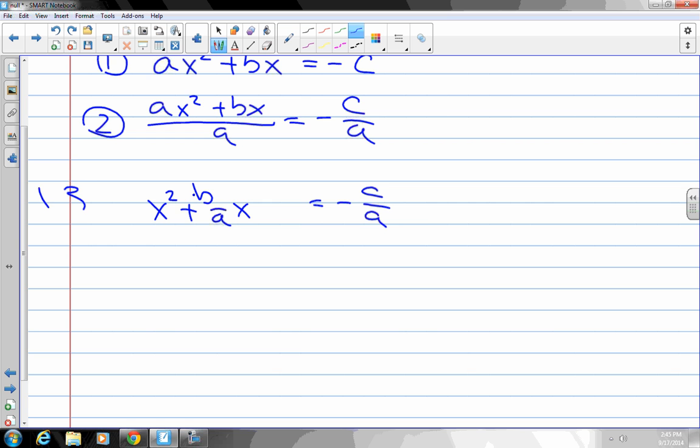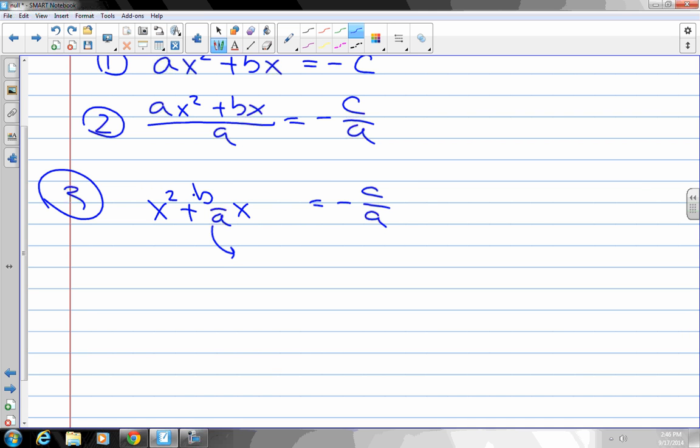Now the third step is to actually complete the square by adding whatever is missing. And the way we do that, we're going to take b over a, and we're going to half it, which will be what? What is half of b over a? You said it earlier. Yeah, it's b over 2a, right?